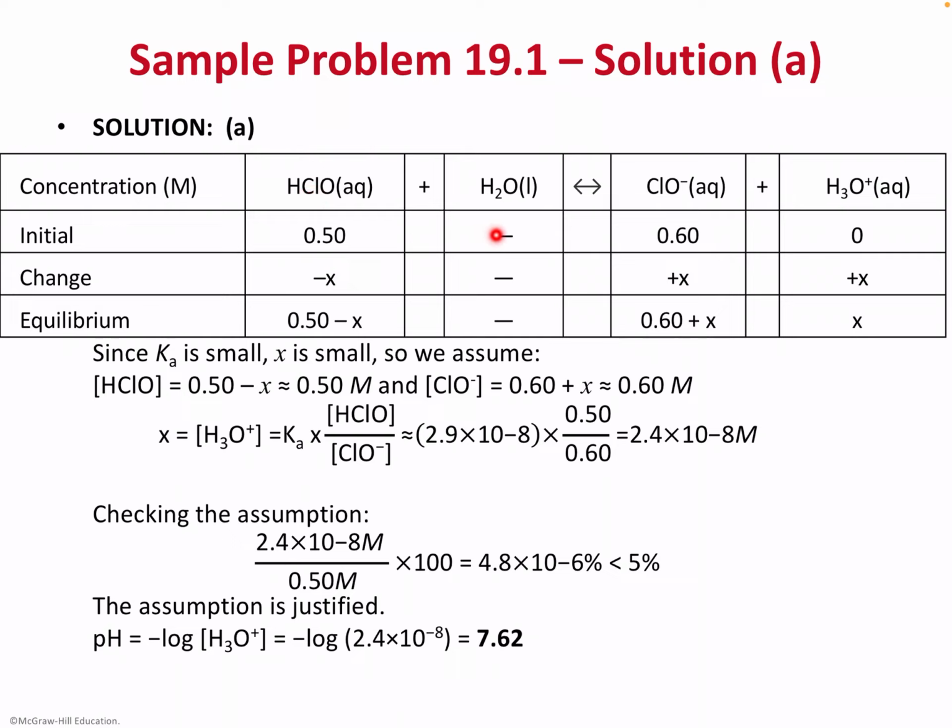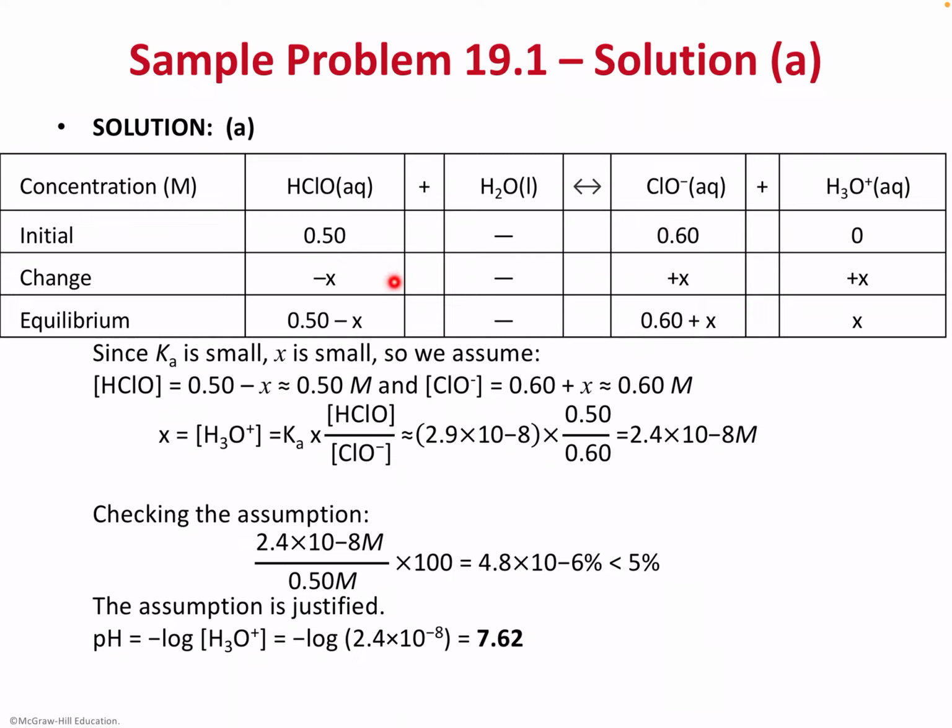Plenty of water, not to worry. And a little different from what we learned in the previous lecture, chapter 18, this is a buffer system. So initially we would keep this 0 if it were just the weak acid, but since it's a buffer system and we are given the initial concentration of the conjugate base as 0.6, you put it right there, 0.6. And hydronium ion still 0, right?